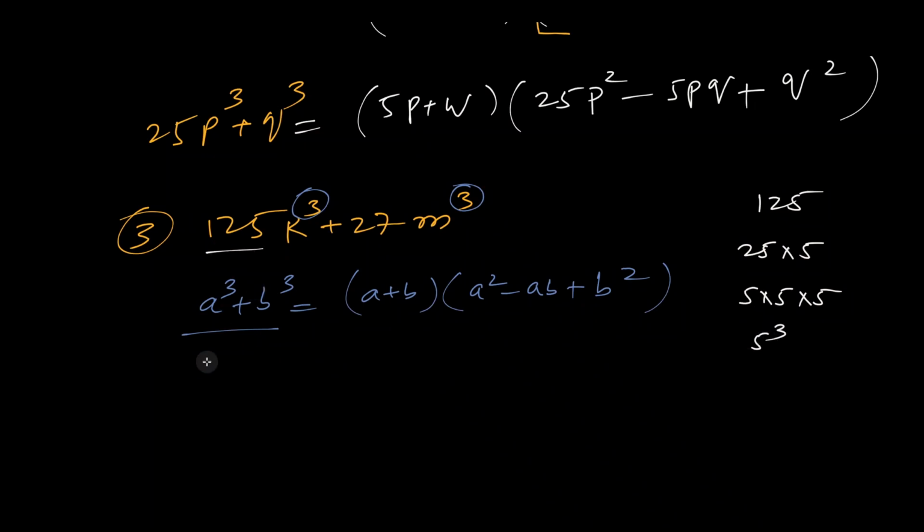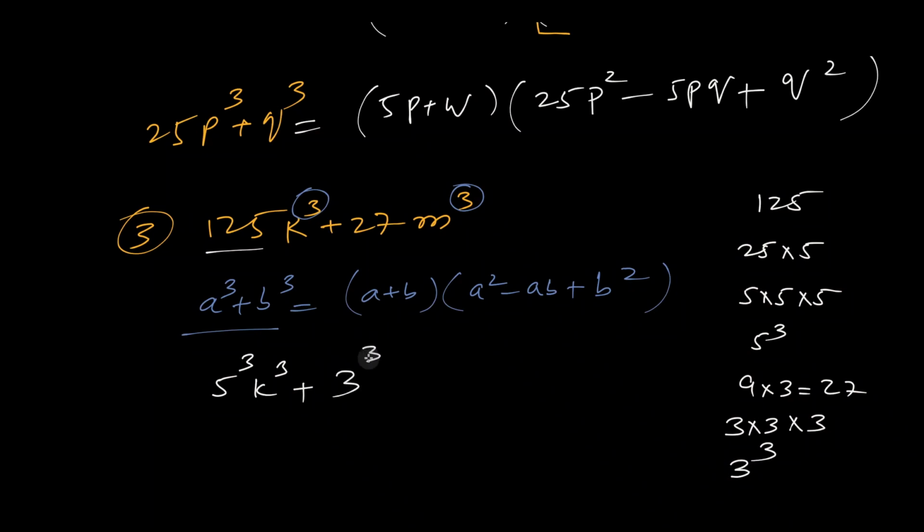So instead of 125 I am going to write 5 cube, and for 27, we know 9 into 3 is 27, and 9 is 3 into 3, and this is the remaining 3. So it is going to be 3 cube. Now we will write 3 cube and m cube, so we can easily map this in the form of a cube.